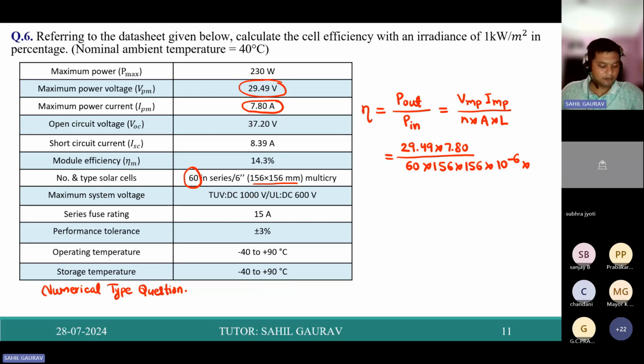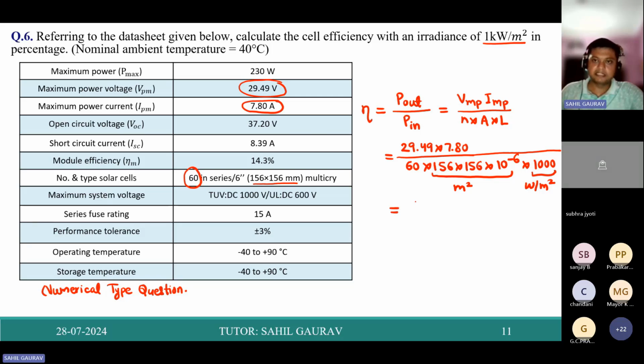That standard insolation you have to take, and it is given as 1 kilowatt per meter square, 1000 watt per meter square. So we have converted the area into meter square, and here it is watt per meter square. So the denominator will be in watt and the numerator will also be in watt.